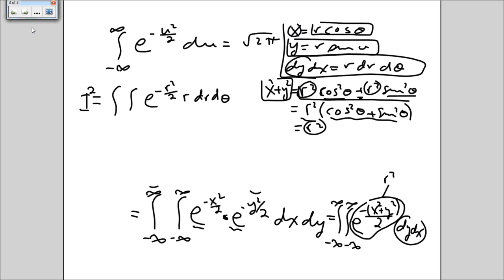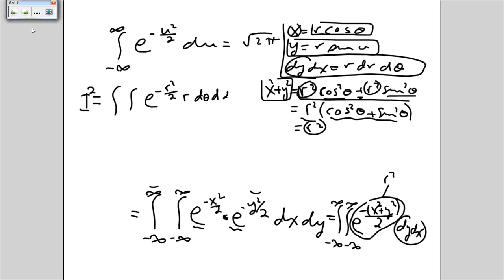And now the limits. The only thing is I prefer to change the order of integration.